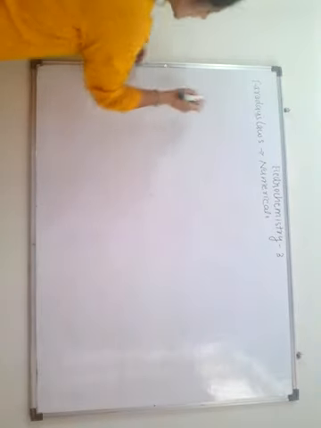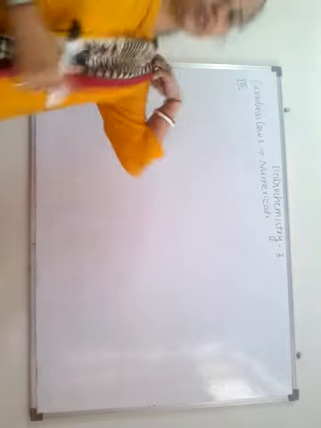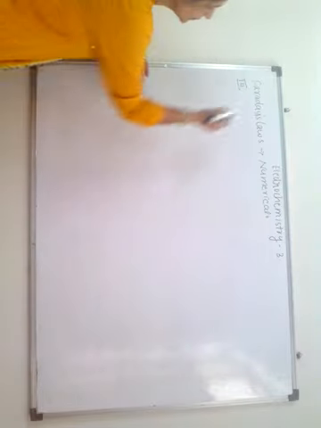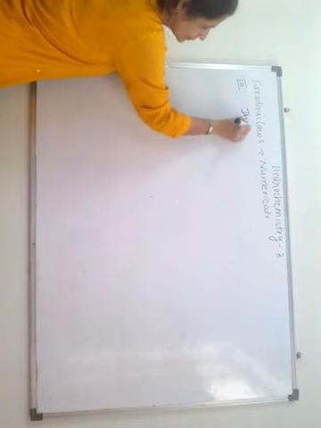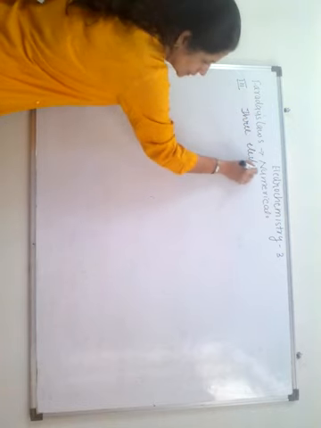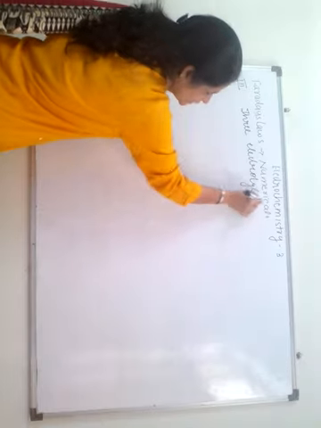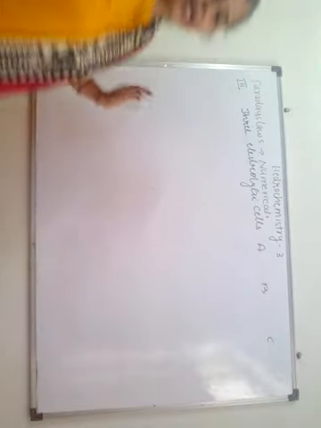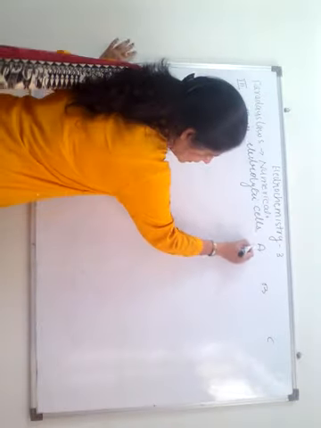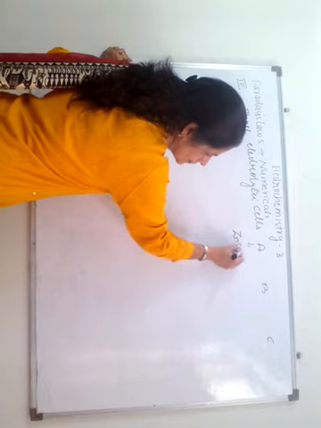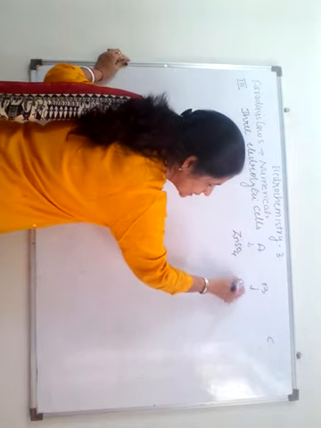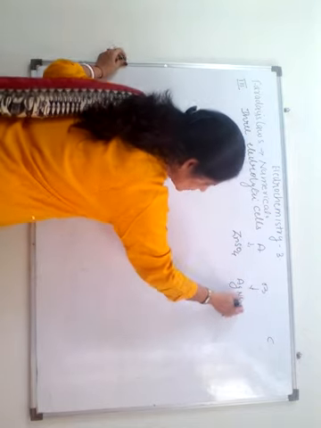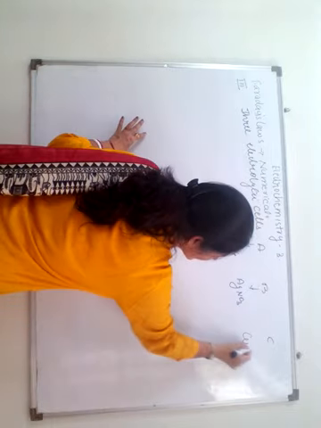Third type of question is asked like this. We have 3 electrolytic cells A, B and C containing zinc sulfate, silver nitrate and copper sulfate.